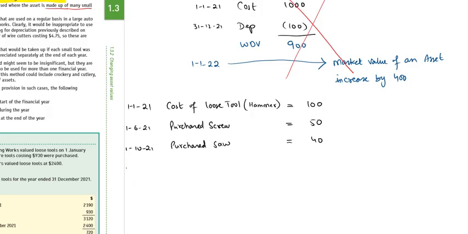So at 31st December 21, this is the closing date of the year. At the closing date, what is the total value of loose tools? Total value of loose tools is 190 dollars.